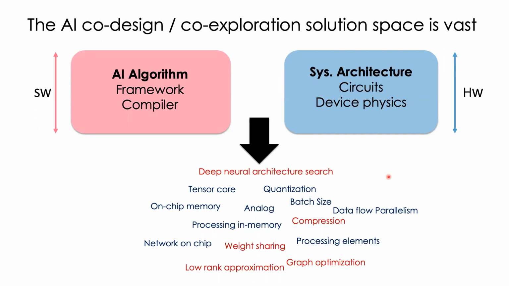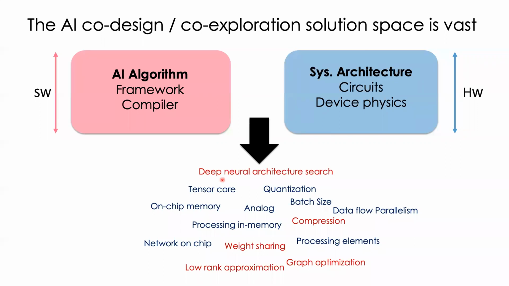On the hardware side, now you have, again, a very vast space. You not only have the system architecture, how should you arrange the different parts of your compute and memory all together in order to create an architecture that is very efficient, as we already discussed. You have also potentially this search opportunity on circuits and device physics. So you could potentially even search for next generation materials or even memories that allow you to get much better performance.